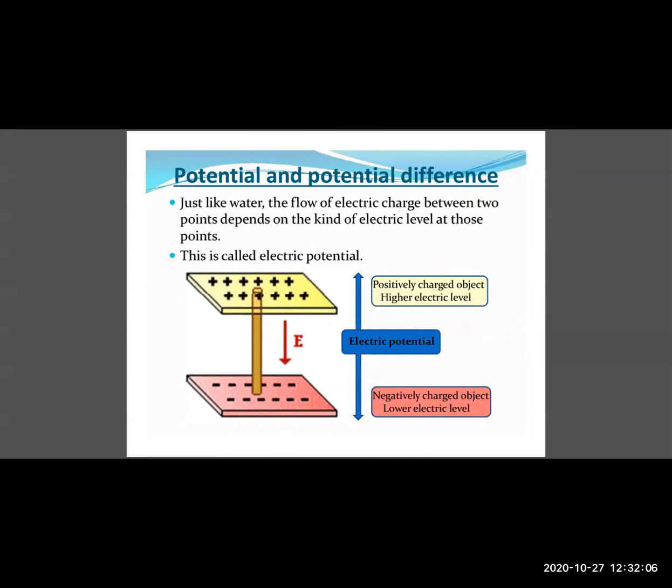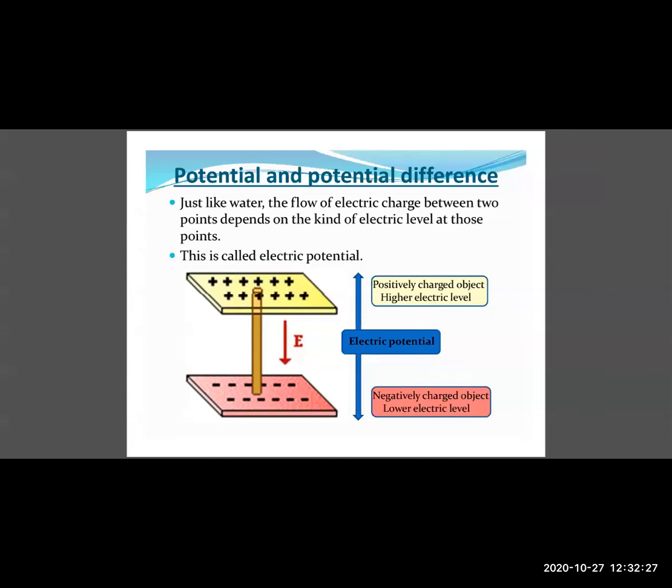The yellow plate is a positively charged object which is at a higher electrical level, and the red plate is a negatively charged object which is at a lower electrical level. For electricity to flow between these 2 points, they have to be at two different levels.